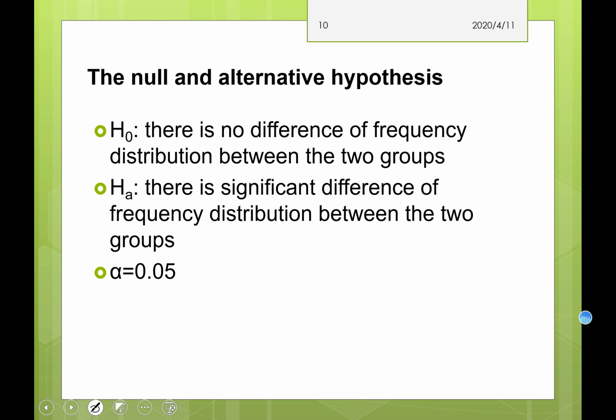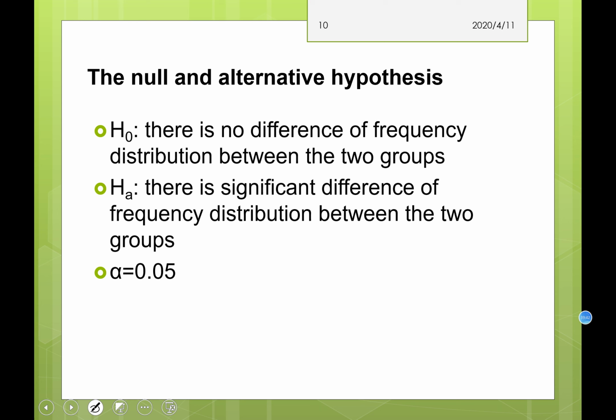Okay, so here let's think about the null hypothesis and the alternative hypothesis. I have mentioned that in the categorical test, the H0 should be that there is no difference of frequency distribution between the two groups. So that actually means there is no difference of the column variable between the two groups.